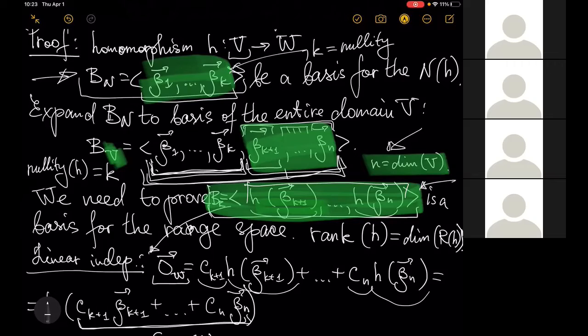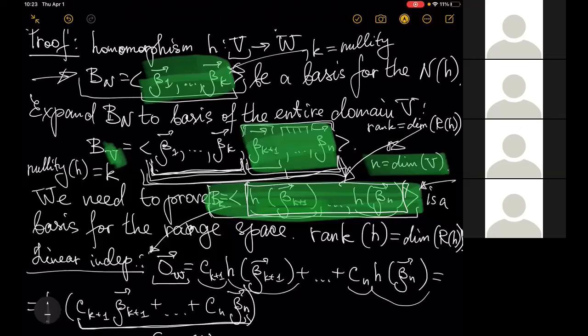So rank is equal to the dimension of the range of the homomorphism. If you know how to show that these vectors form a basis for the range, then the number of vectors here is exactly the dimension of the range, right?